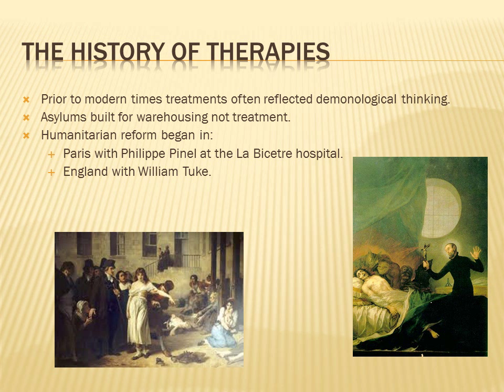In Paris, the first one actually, Philippe Pinel, where this is a picture of Pinel, looked for reform. Basically, his basic innovation was to take these people out of chains and let them have some fresh air. This was followed in England by a fellow named William Tuke at Bedlam Hospital.